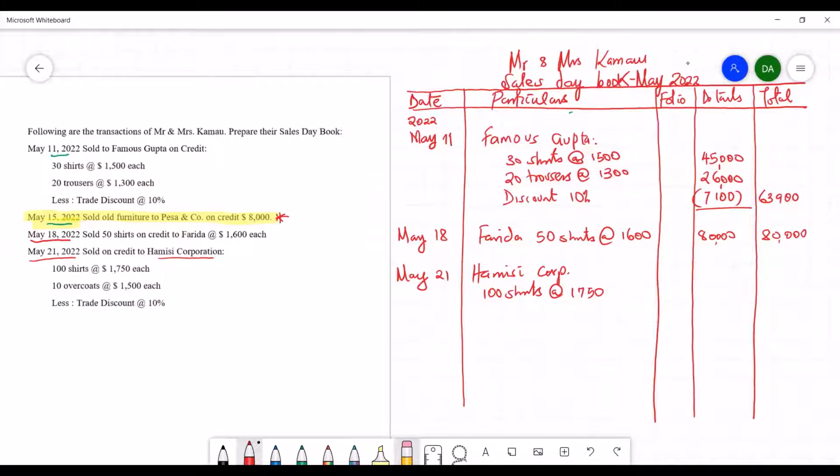And that is going to be 175,000. 10 overcoats at 1,500 each. And that is going to be 15,000.